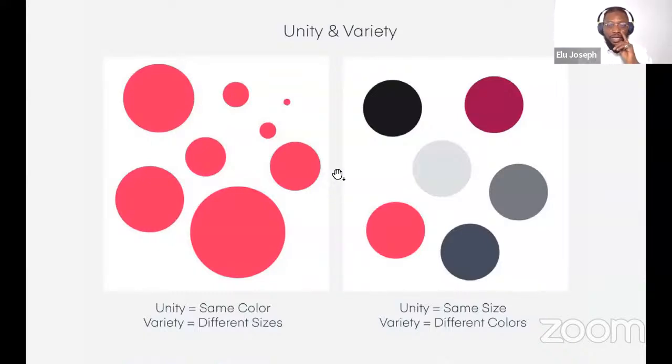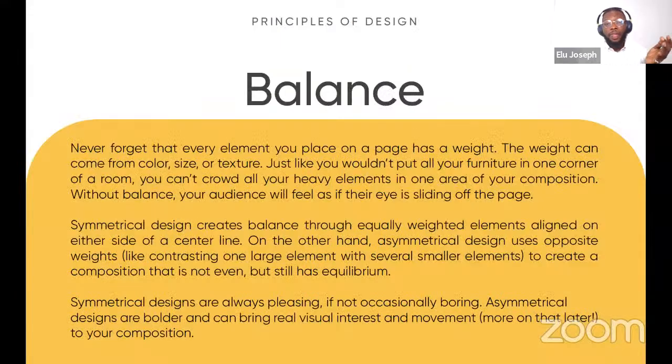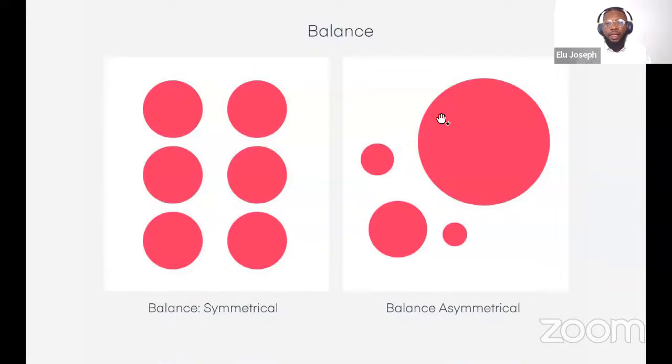Then we talked about balance, and we say balance is having the objects of either the same weight or different weights, where we talked about symmetrical and asymmetrical arrangements. Remember the example of the business card, where people were choosing between card A and card B yesterday? So this is symmetrical and this is asymmetrical.